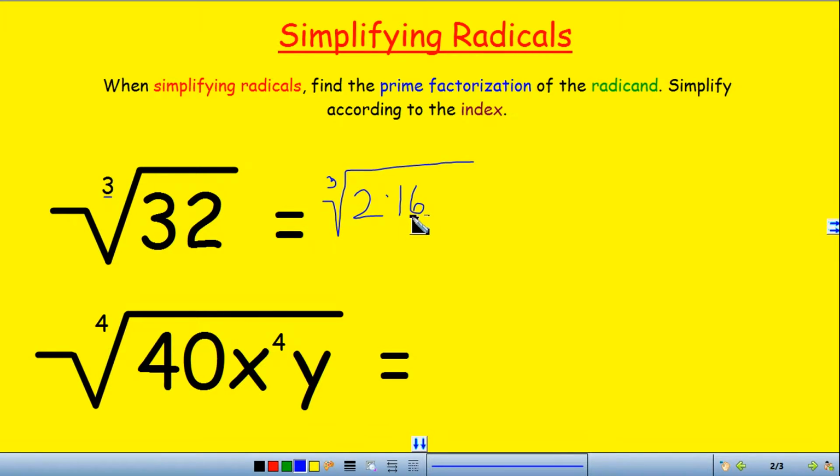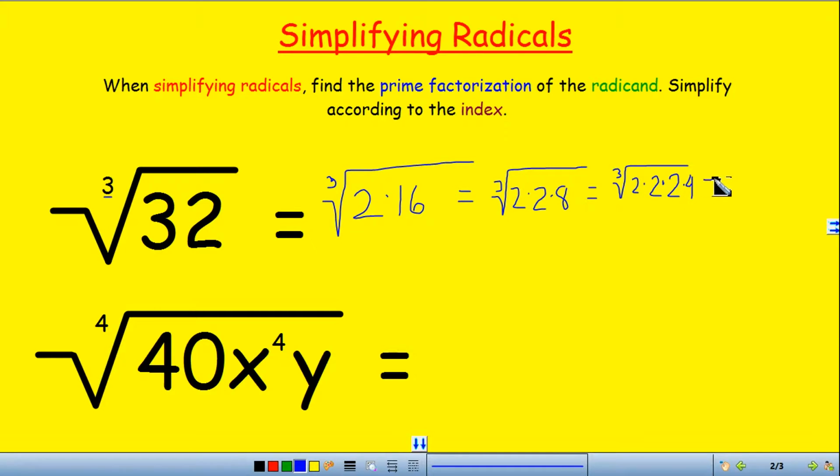Well, 16 can also be broken down a little further. So I'm going to keep my cube root here, and I know the 16 can be broken down into 2 times 8 as well. But once again, 8 is still not simplified all the way, so we're left with 2 times 2 times the factorization of 8, which is 2 times 4.